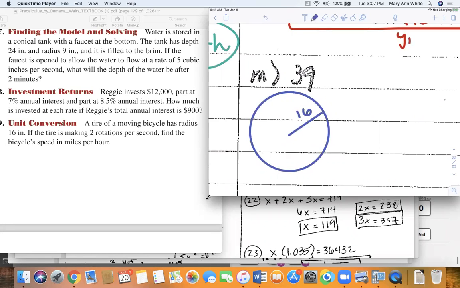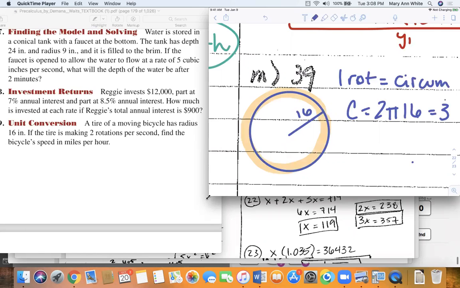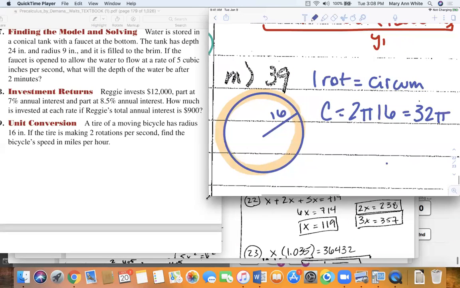In one rotation, we're doing the circumference. So one rotation is equal to my circumference. Well, we're good at circumference. Circumference of this would be 2 pi r, or 2 pi 16, which is 32 pi. That's one rotation, but he's making 2 rotations per 1 second.